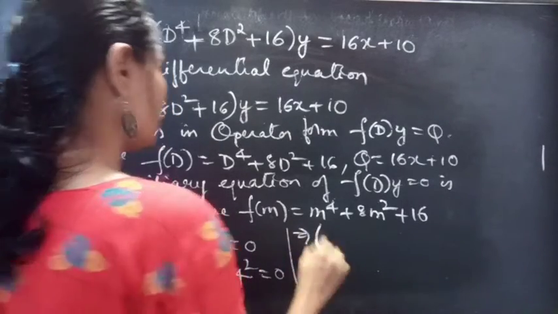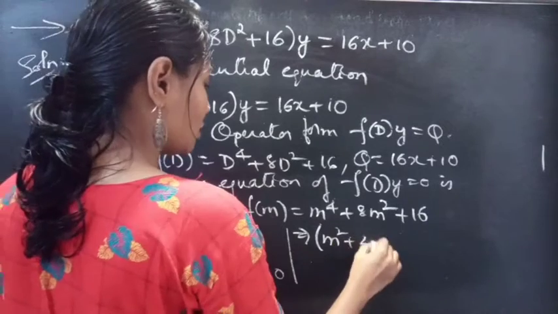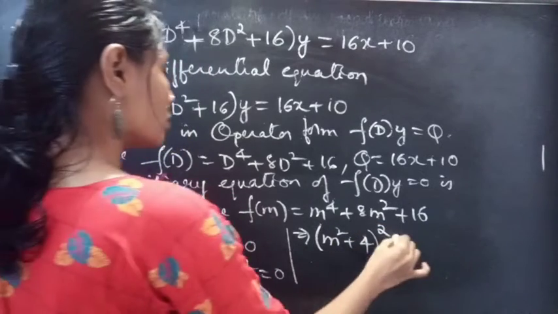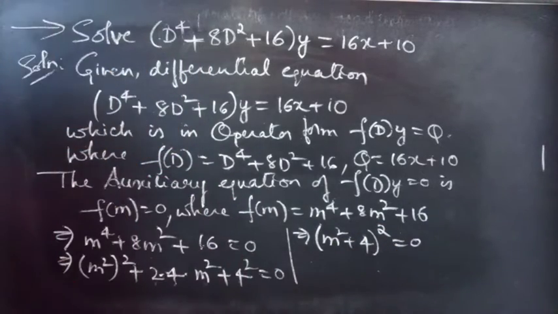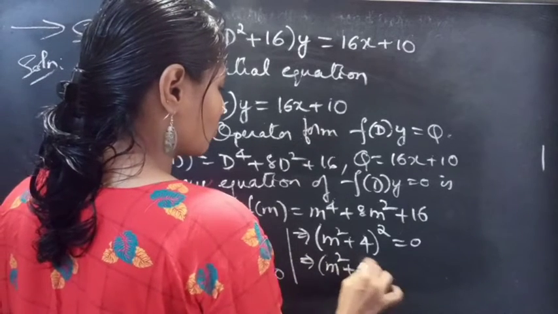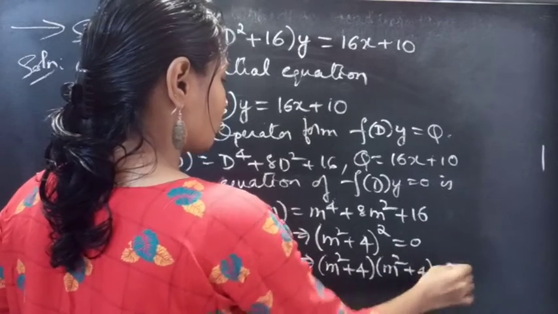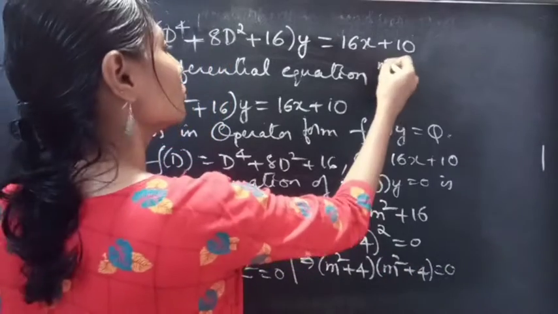Then we can write the above equation as (m^2 + 4)^2 = 0, which is nothing but (m^2 + 4)(m^2 + 4) = 0. Now we equate each factor to 0.